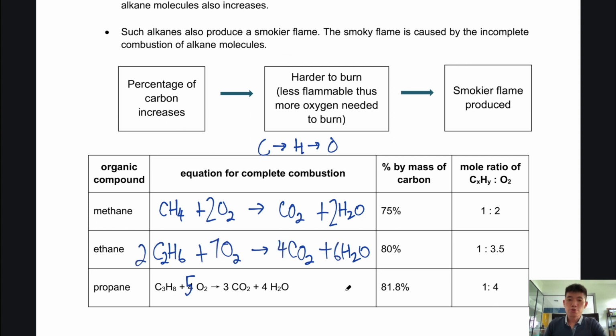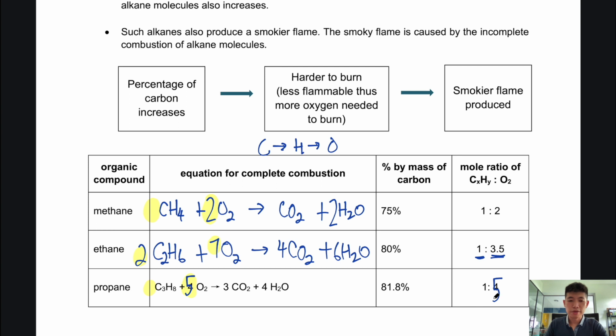What I want you to compare is the mole ratio of the hydrocarbon and oxygen. For every 1 molecule of methane to burn, we need 2 molecules of oxygen. This is 2:7, meaning for every 1 molecule of ethane to burn, we need 3.5 oxygen molecules.